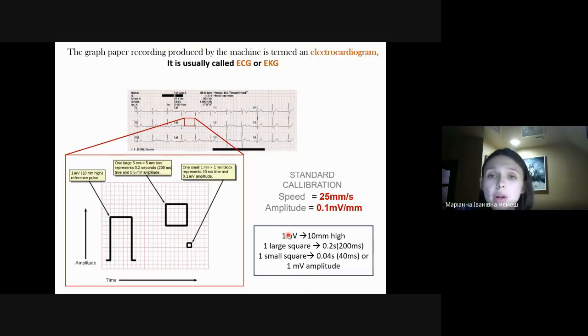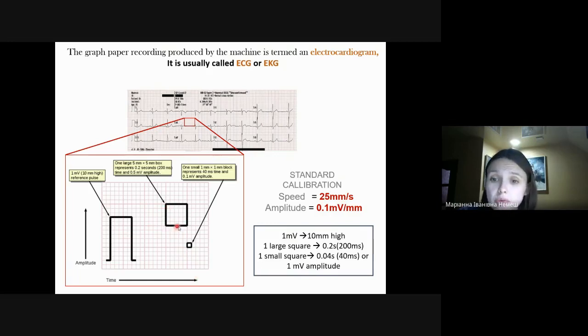So, before we start, we should stop on the ECG graph paper, on which the record is made, and discuss the standard calibration present on it. Mainly, the ECG graph paper is described by two values: amplitude, which is measured in millivolts, and time, which is measured in seconds.